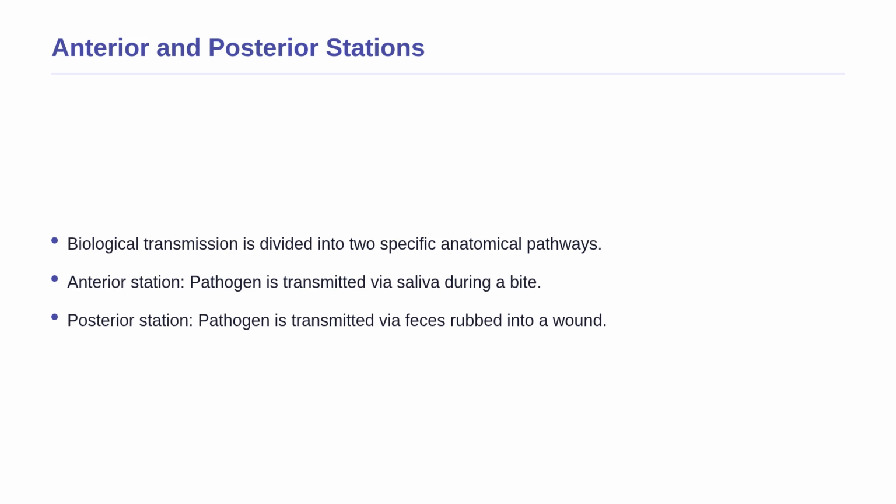The second pathway is the posterior station. In this case, the insect excretes the pathogen in its feces while feeding. When the human scratches the itchy bite, they accidentally rub the infected feces into the open wound. Understanding these specific routes is absolutely crucial for defining how a disease spreads.